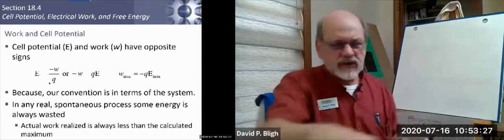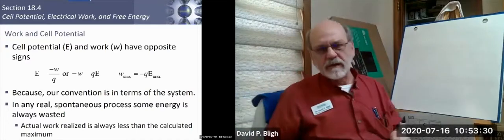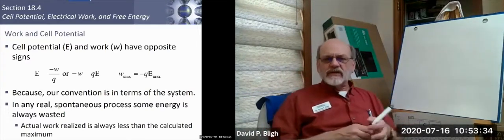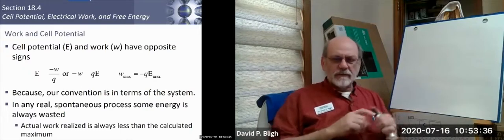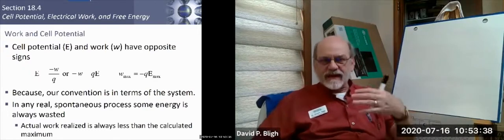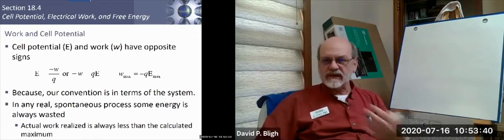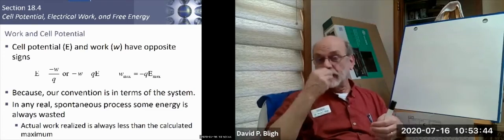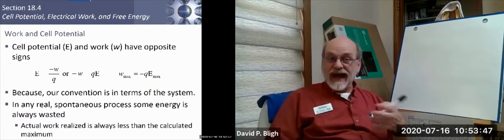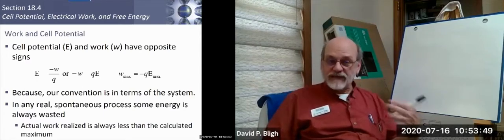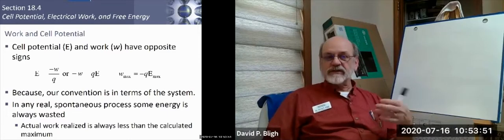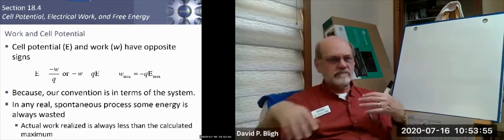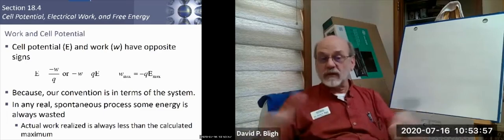So now we're going to switch gears a little bit. Remember initially we were talking about these reactions occurring in solution, and we were trying to get at that potential energy that was being expended in the movement of electrons, right? It would be nice if we could take that voltage and convert it into some value of work, so we could compare how much work we can get out of it.